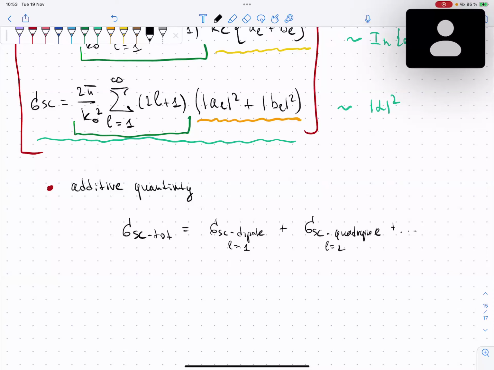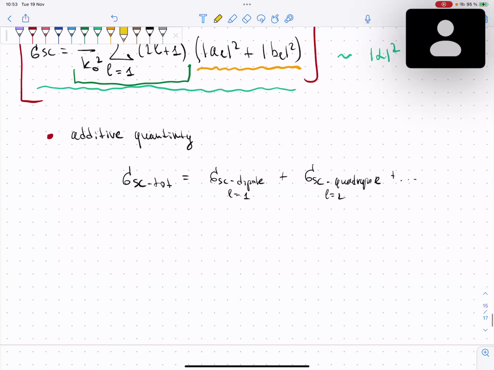In other words, when we calculate, for example, scattering power, we don't have any terms like m1 multiplied by m2 or m3 multiplied by m10.